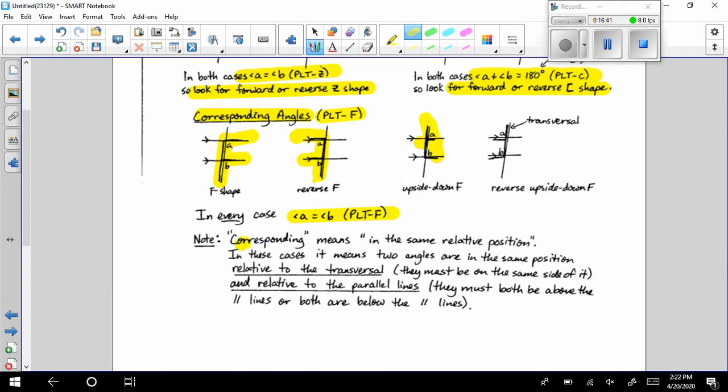The word corresponding actually means in the same relative position. So in these cases, it means the two angles are in the same position relative to the transversal. That means they have to be on the same side of that transversal line. And also, they are in the same position relative to the parallel lines. That is, they are either both above the parallel lines or both below the parallel lines.